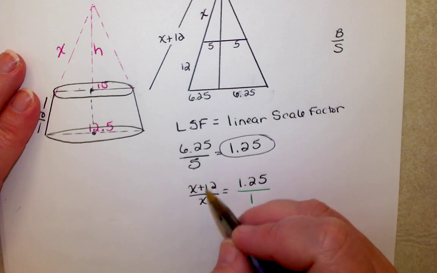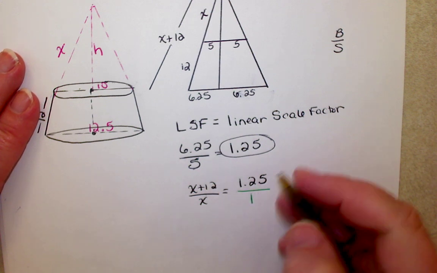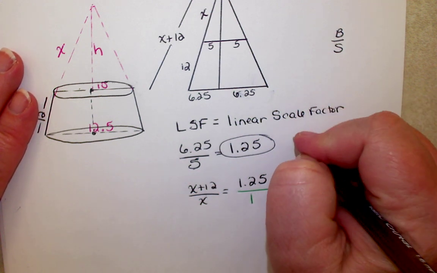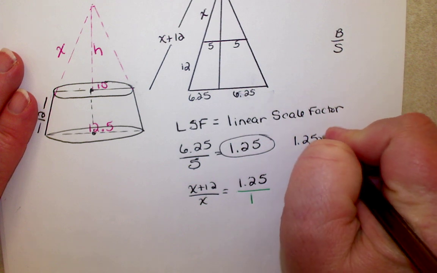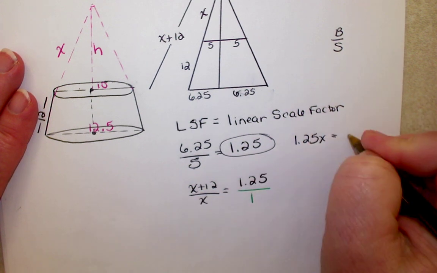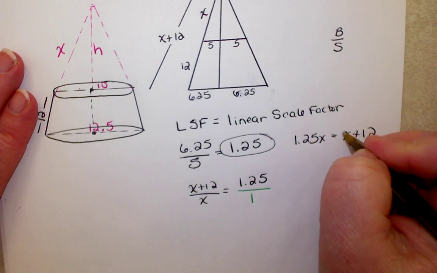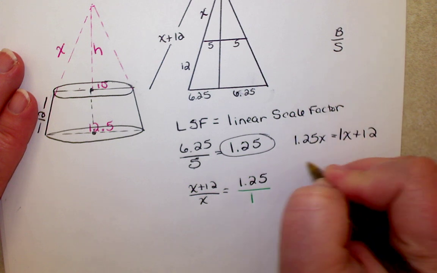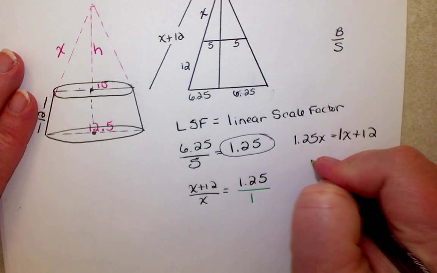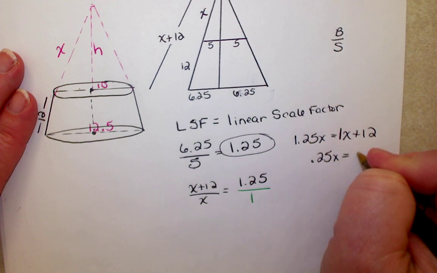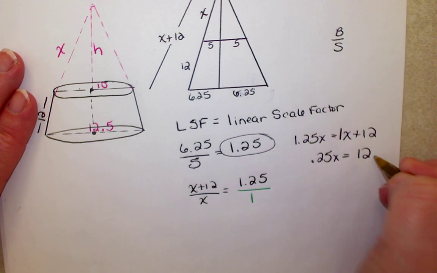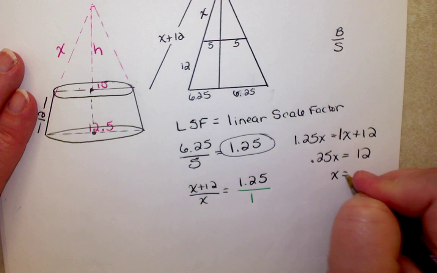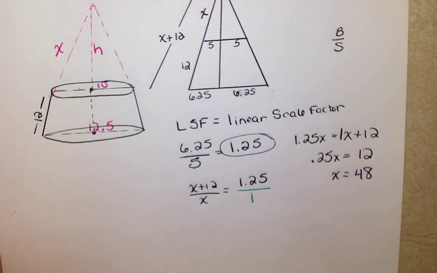So let's do that part. x times 1.25 gives us 1.25x. 1 times x plus 12 is x plus 12. This is a 1x. If I subtract that 1x from both sides, I get 0.25x equals 12. And then dividing by 0.25, I get x equals 48.